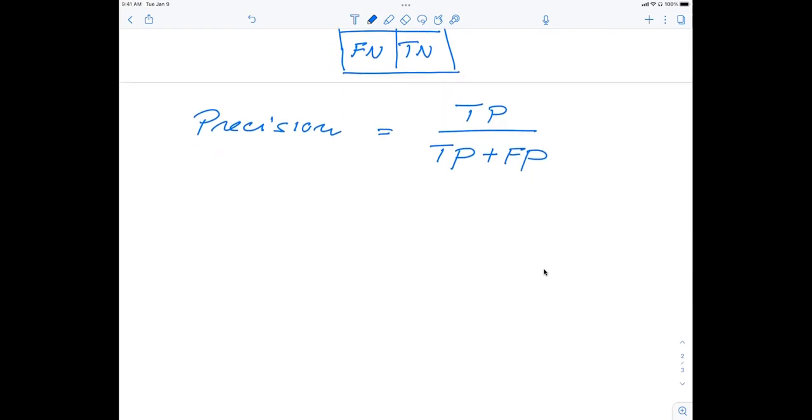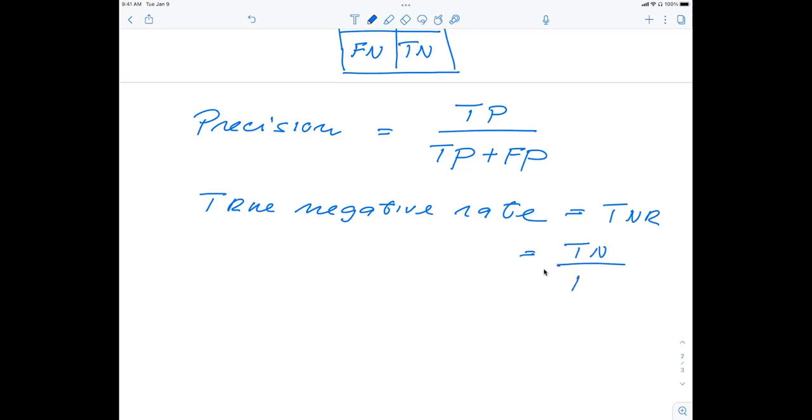We have something which is called the true negative rate, which is normally written as TNR, and that's simply TN, all the true negative ones, divided by the total number of data.